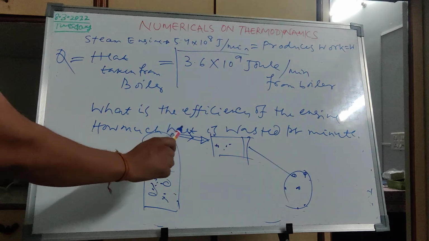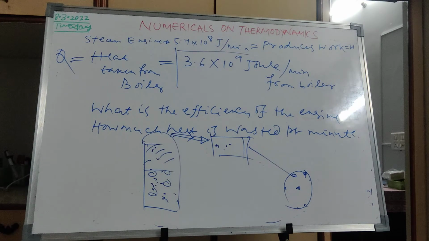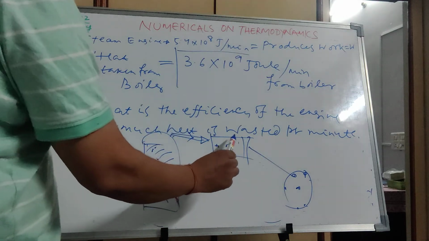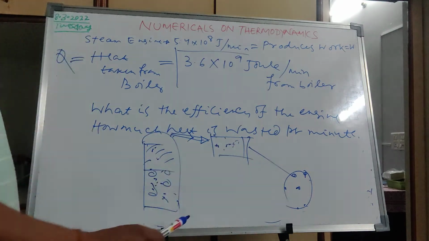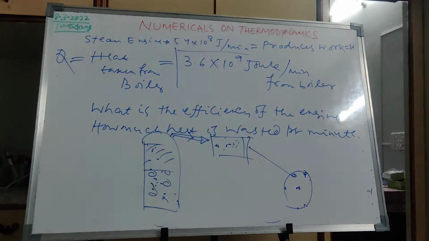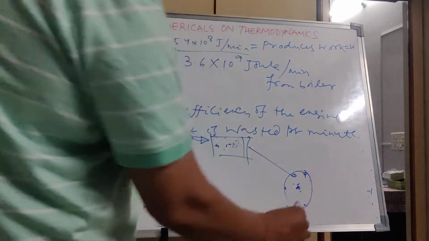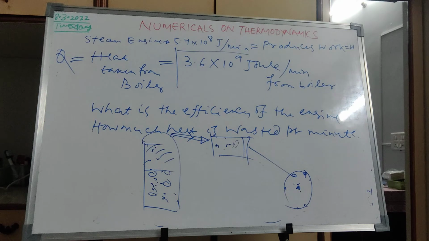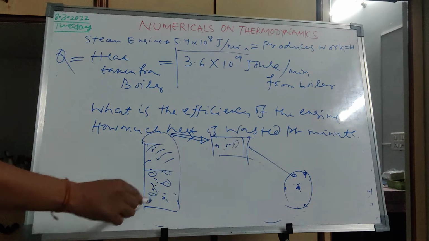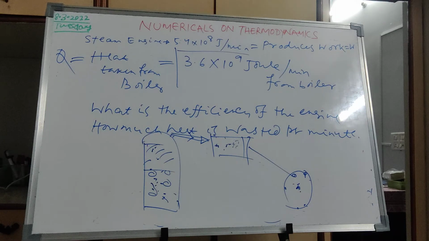So this steam, in case of a train, is driving a piston cylinder assembly, and then finally it is connected to the train wheel, and the train is running. But in case of a power plant, you have a boiler. It will generate steam and it will drive a turbine. That is a steam turbine. Turbine is something which will give work.